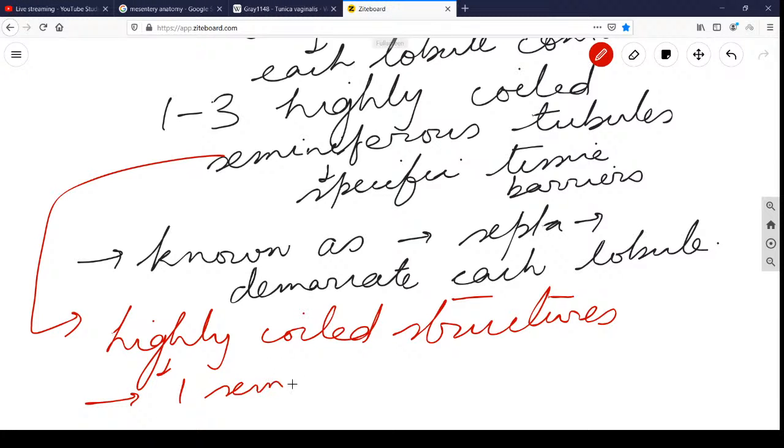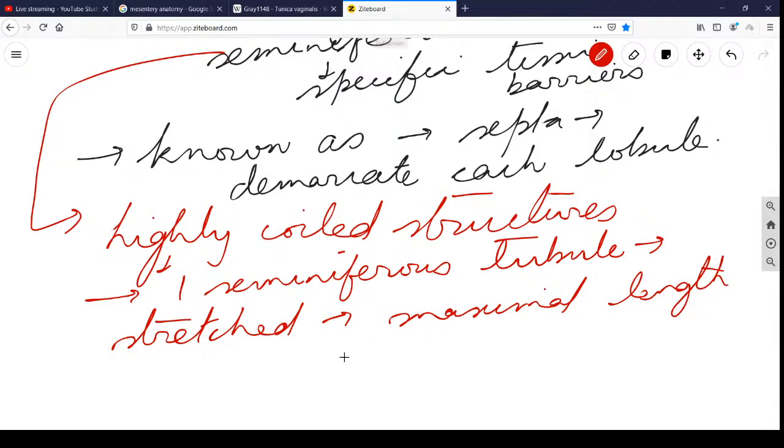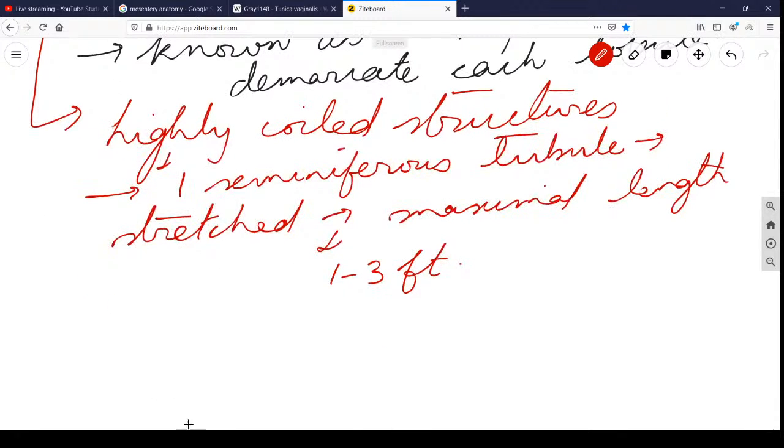And if all the tubules can be stretched simultaneously, they would cover a distance longer than a football field itself, okay.